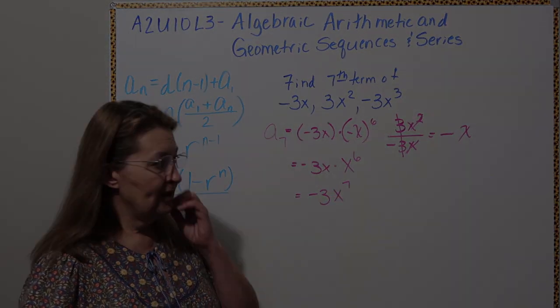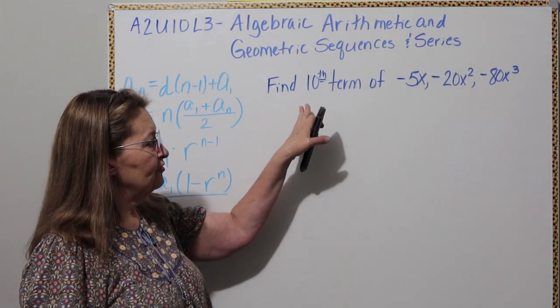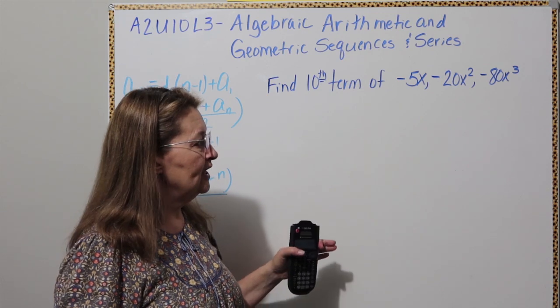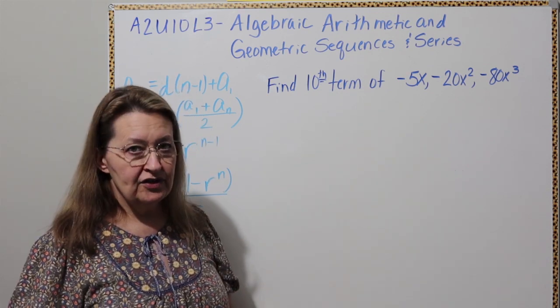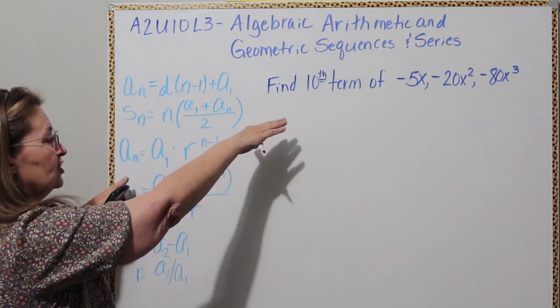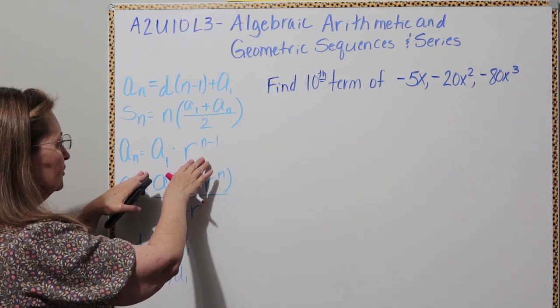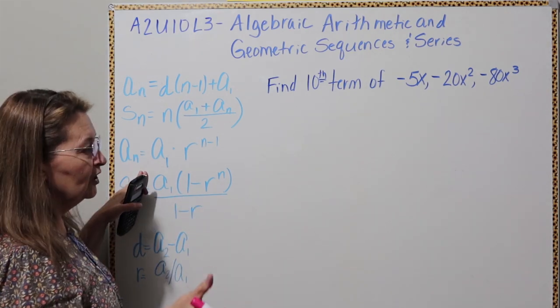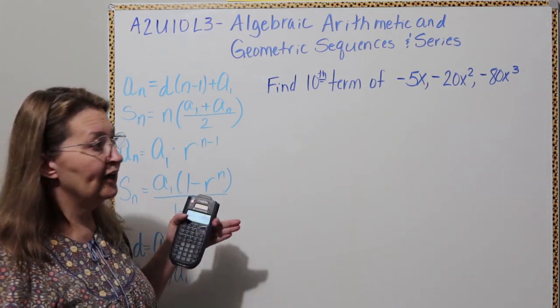One more geometric. In this last problem, I want to find the 10th term of negative 5x, negative 20x squared, and negative 80x to the 3rd. So this is a geometric sequence. We're going to use the geometric formula. So the first thing I'm going to go ahead and do is find my ratio, find r.